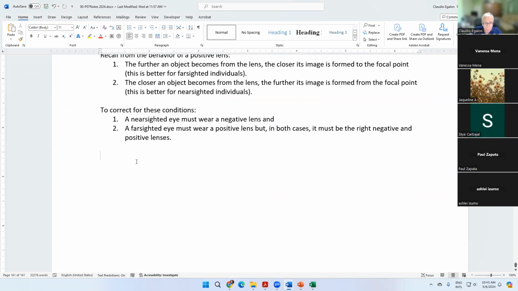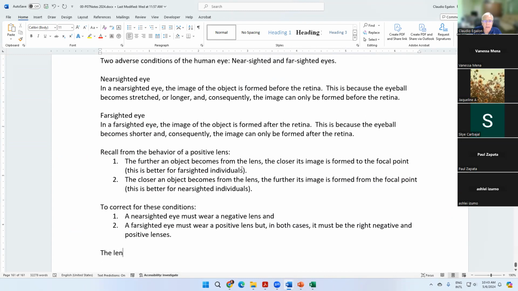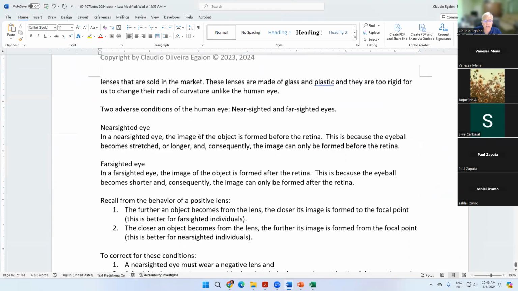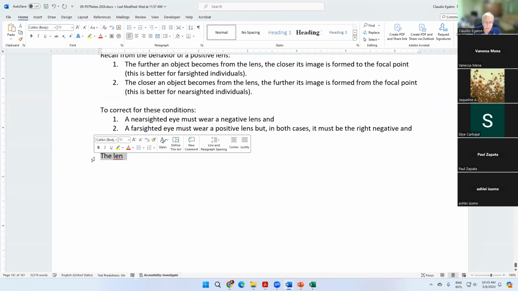The lens, I think I wrote that down, right? Yeah, I already wrote that down. In addition to changing the curvature of the lens, that are the ciliary muscles.